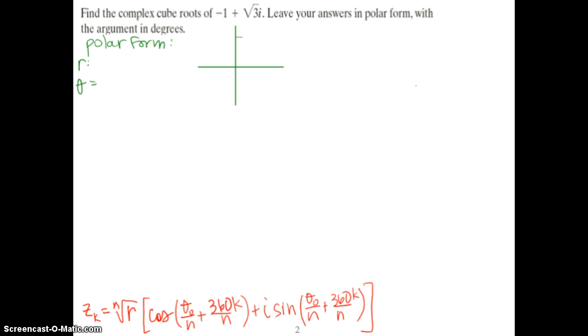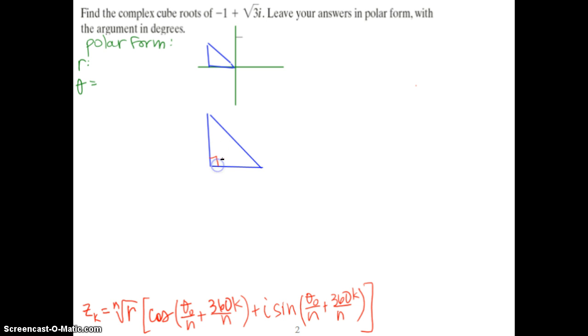And we know that this angle, since we've got a negative x value and a positive y value, is going to look like this. Not very good at drawing these triangles. Okay, so I'm going to make this triangle a little bit bigger so we can actually see it. And let's fill out what we know in the triangle.